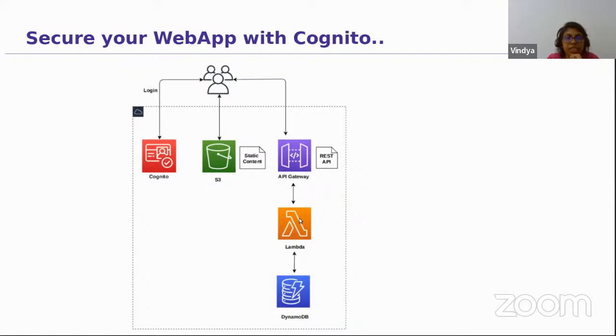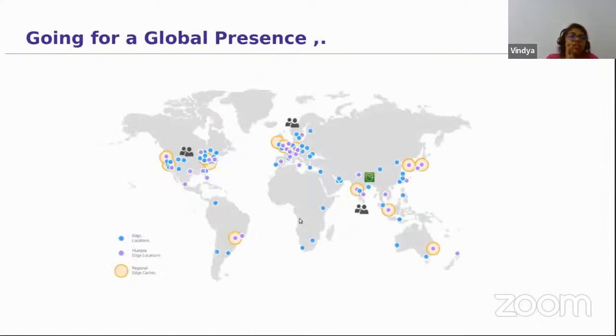And then, if we want a global presence, so users across the globe are accessing your website, and you have hosted your S3 bucket, say in Asia, and a European user tries to connect, there'll be a very big latency because it has to travel all the way for every request. So for that, we can even use CloudFront.